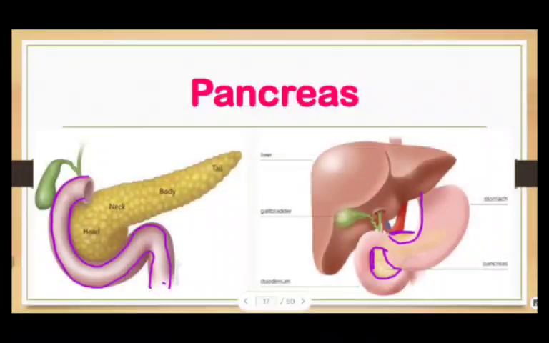Behind your stomach, this part is your pancreas. It is situated behind. So this is how your pancreas looks. The thicker part is your head, then a little elongated part, then the body, and then there's a small tail.